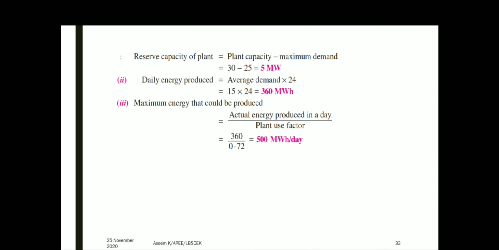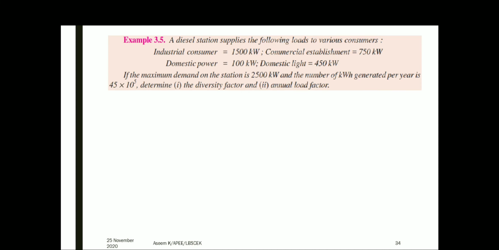Then in this particular example, a diesel station supplies the following loads to various consumers. That is, industrial consumer is 1500 kilowatt, commercial establishment is 750 kilowatt, domestic power 100 kilowatt, domestic light 450 kilowatt.